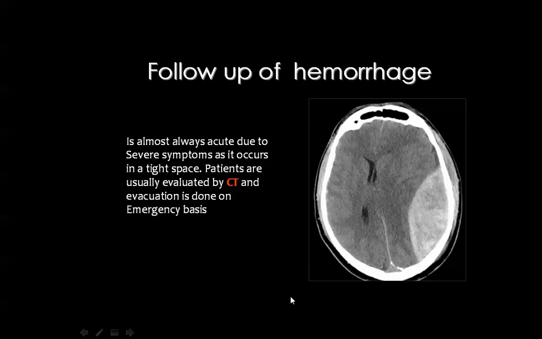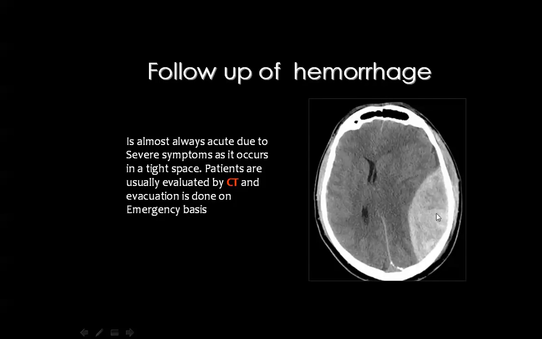Then this is a good example of an epidural hematoma where you can see the blood which is intimately related to the calvarium with a convex inner margin and significant mass effect on the ventricle. Then what is the fate of this epidural hematoma?